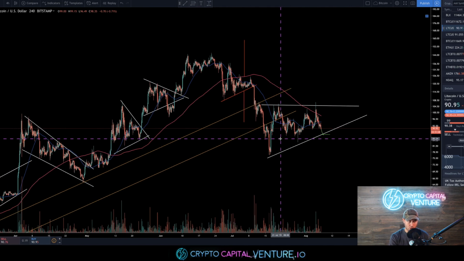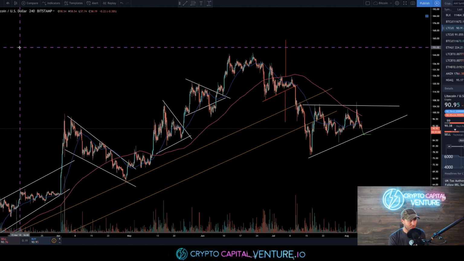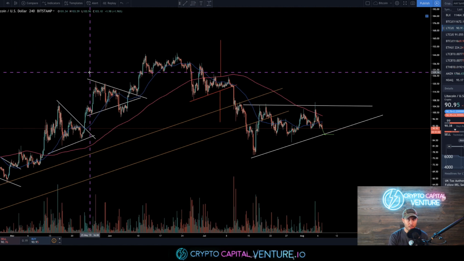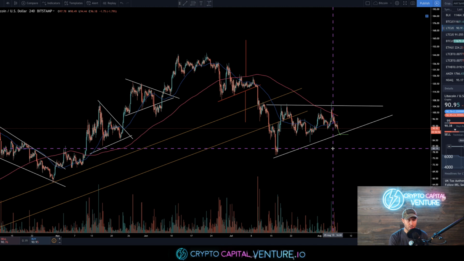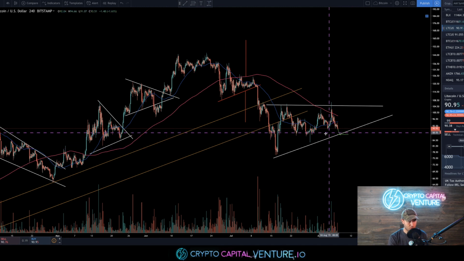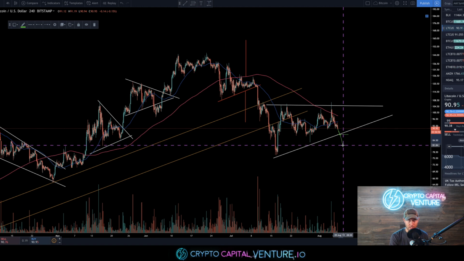Another thing that I want to just show you, which is definitely possible, and this is something to be very careful of, is a busted ascending triangle, right? And what I mean by that is a busted pattern to the downside, right, through this bottom trend line. So we might get a false breakout, potentially, to the downside, and this is something to look out for, right?